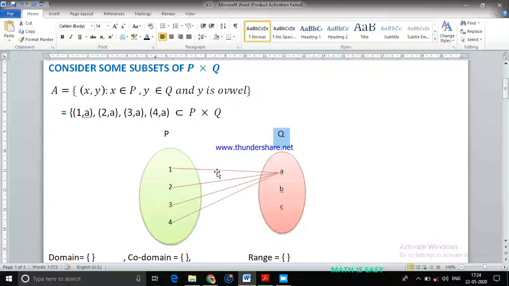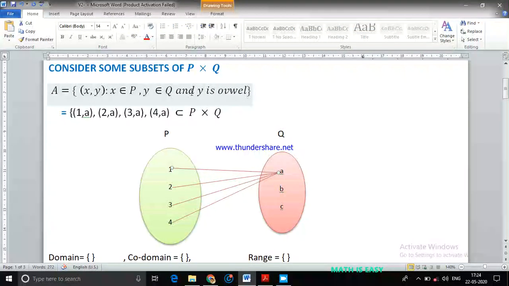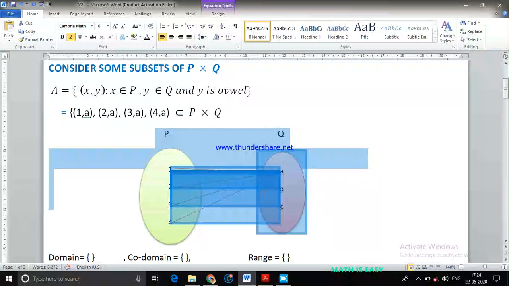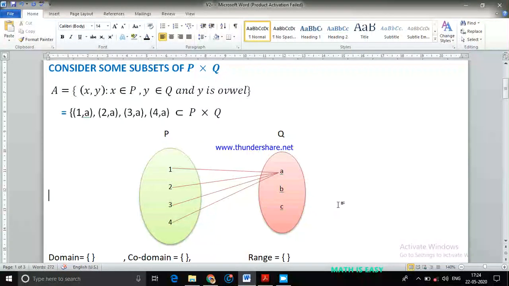So the mapping gives all the elements mapping to vowels only. Whether you write it this way or represent it with the help of a diagram, both are okay.